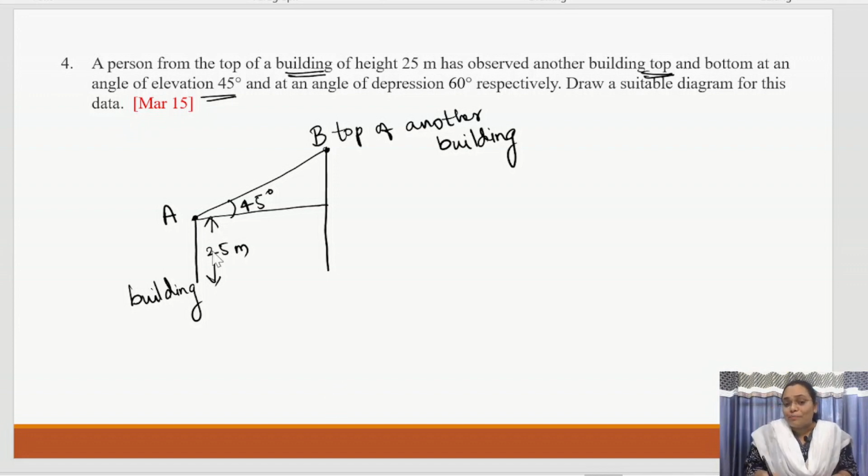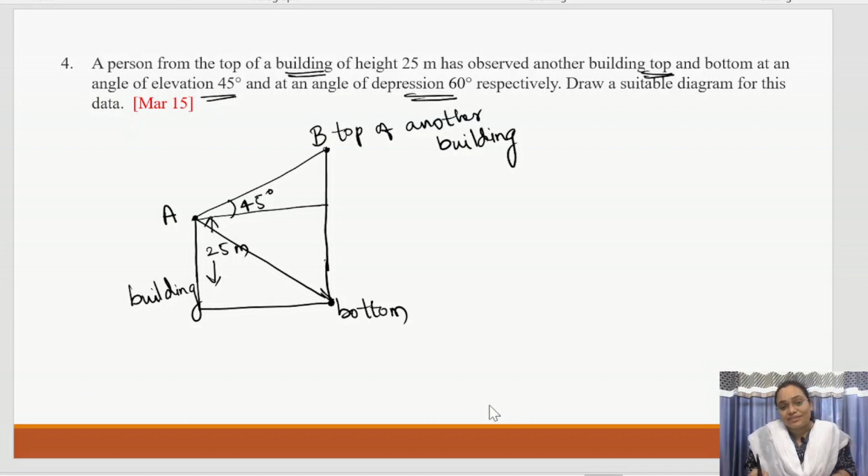Now, from the same point, he is looking at the bottom of the building, at an angle of depression of 60 degrees. This is the angle of depression. If this is 60 degrees, this is also 60 degrees.